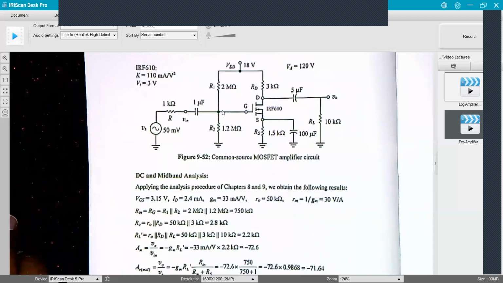Another thing: is VDD just another way of saying VCC, the voltage that's coming into the circuit, or is it actually a different thing? Good question. VDD is a supply voltage.